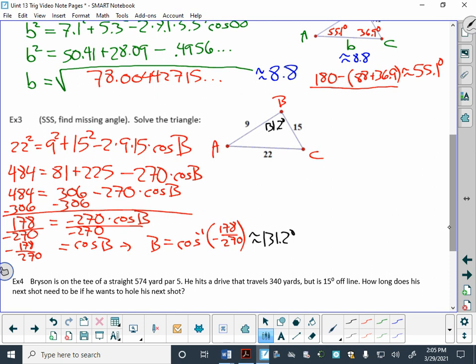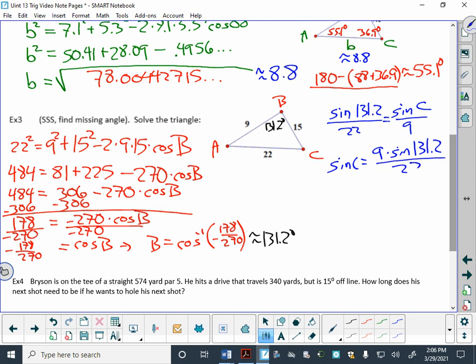Like we said, that inverse cosine can find an obtuse angle for us. Inverse sine is not able to do that. But now I'm going to go to my law of sines again and say, all right, sine of this 131.2 over 22 is equal to the sine of C over 9, which is going to give me that sine C is equal to 9 times the sine of 131.2 divided by 22.